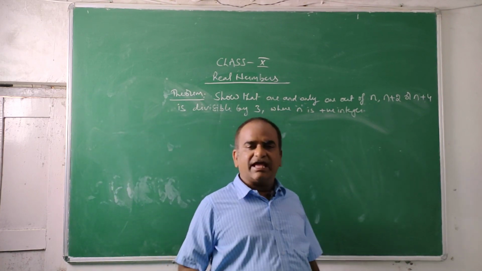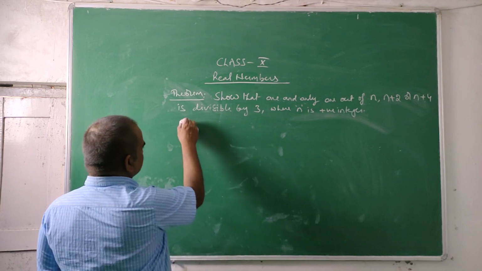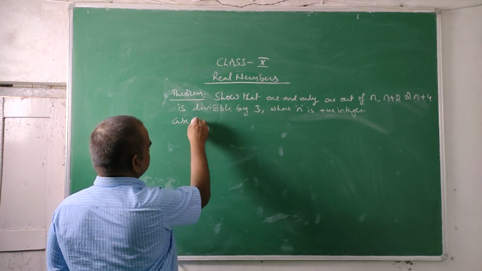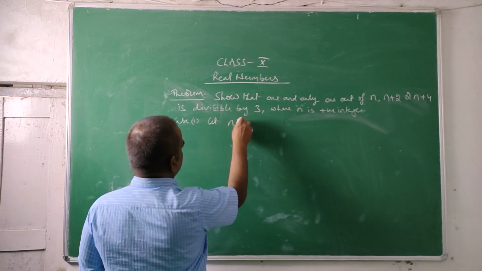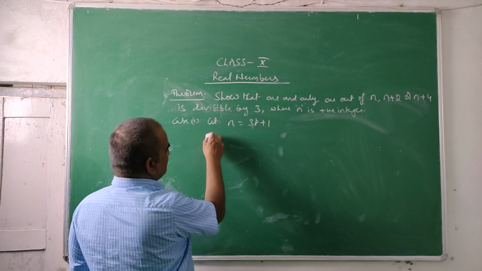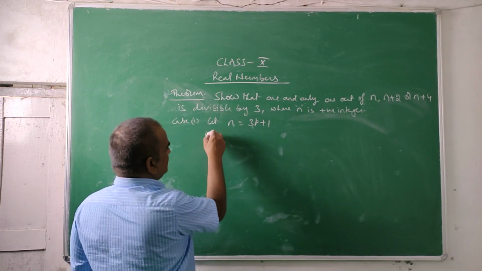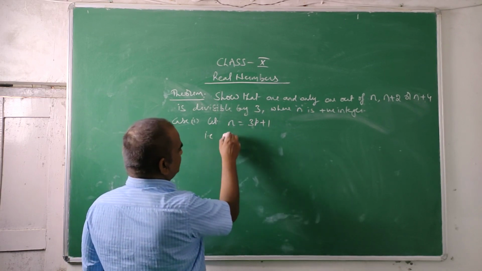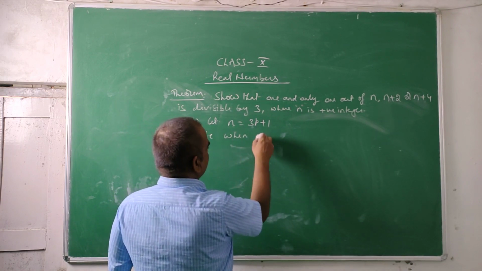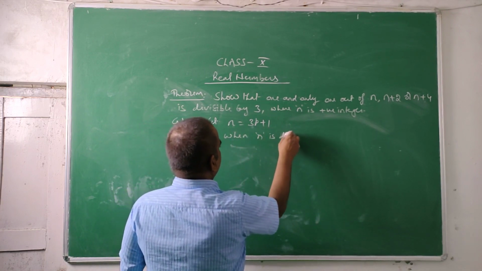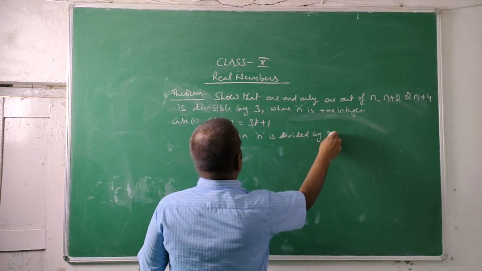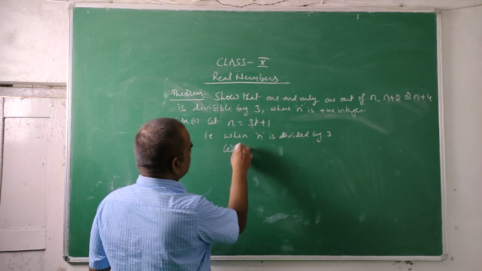Now let us take n as 3p plus 1, case 2. That is by Euclid's division lemma. So what you can write is, when n is divided by 3, it leaves the remainder 1.